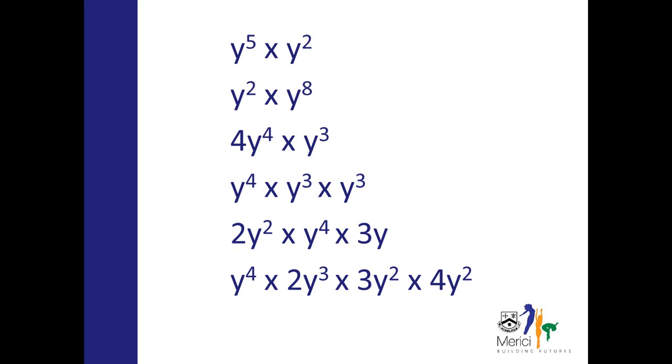But I think you should pause this video and then have a go at each of them, and then I've got answers on the next slide that I'll talk you through. Okay, I'm just going to go on to the answer slide.